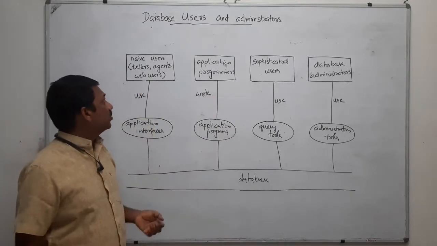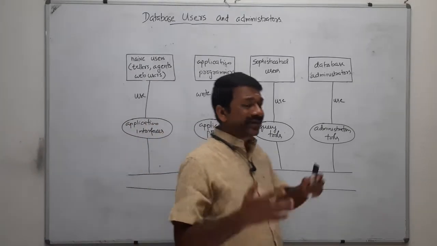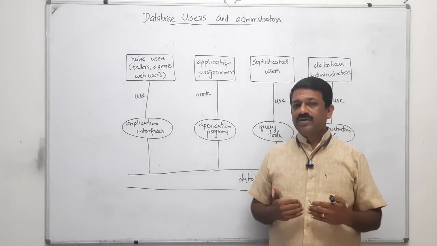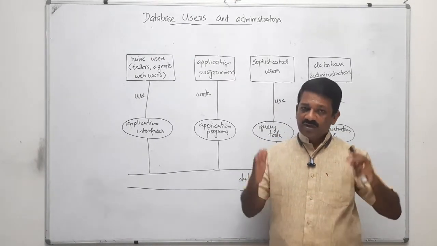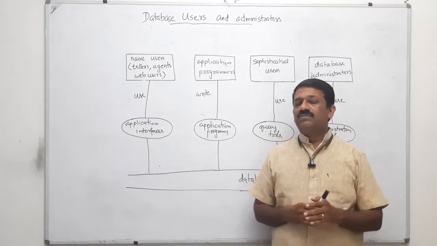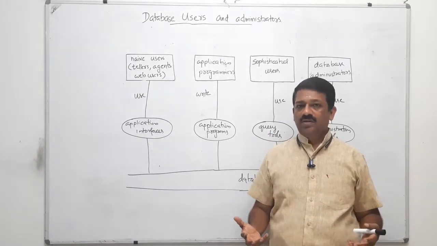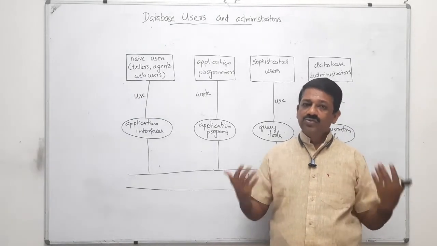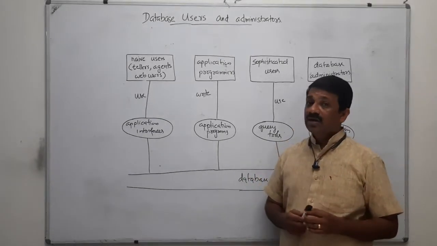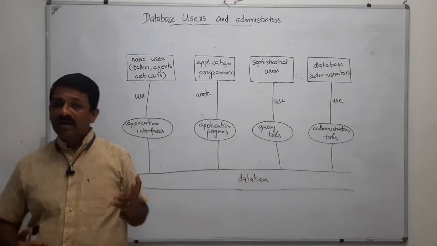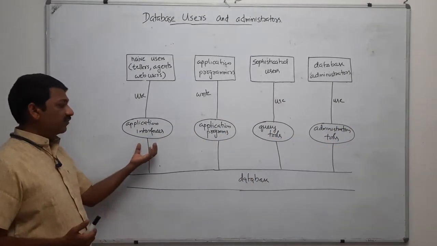Naive users, as you know, are the end users who are using the applications. For example, as far as the KTU management system is concerned, as a student, you are a user. We teachers are also users of that particular application, and it provides a number of application interfaces.